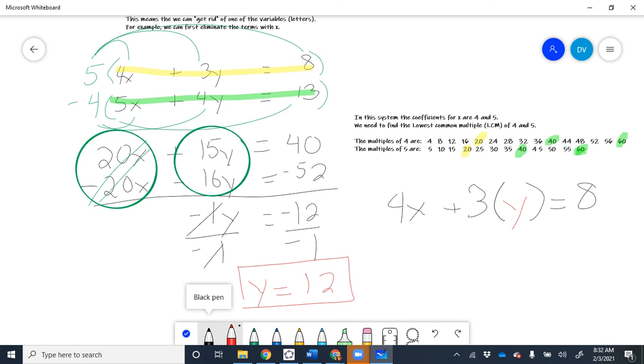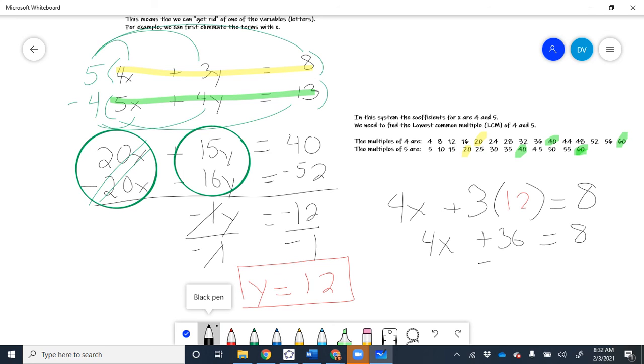You don't have to use colors, of course, but I kind of like to. Put a 12 here. We again have an equation that's easier because there's only an x in this equation. Did a little bit of arithmetic here. 3 times 12 is 36, so we're going to have 4x plus 36 is equal to 8.